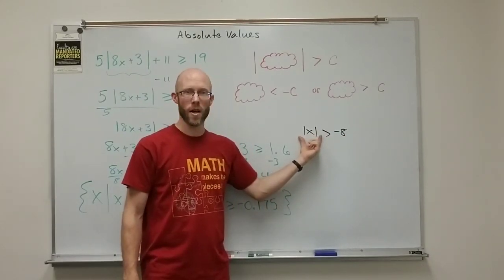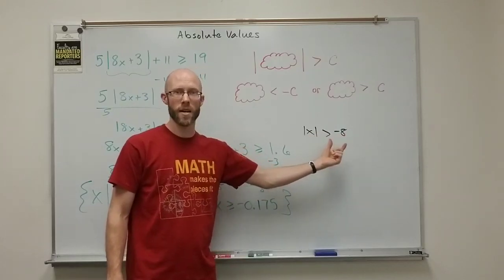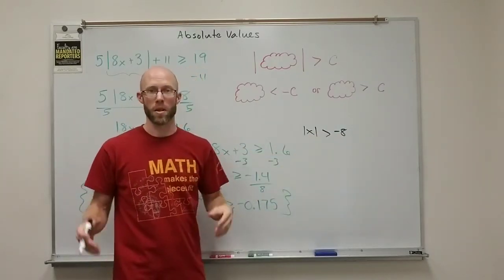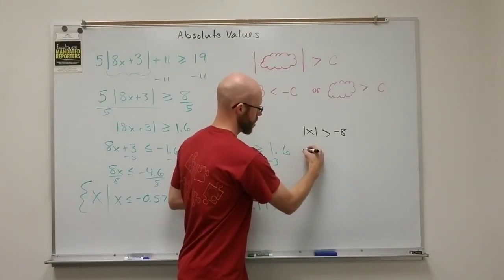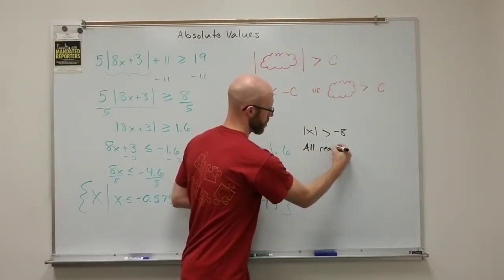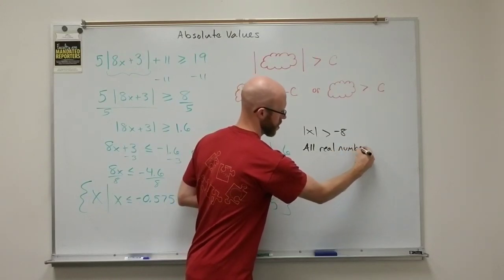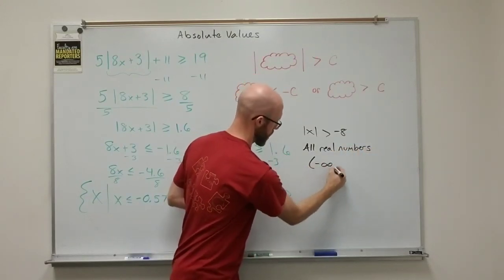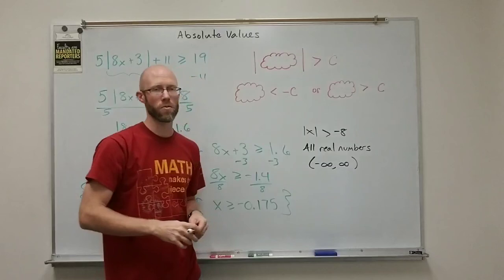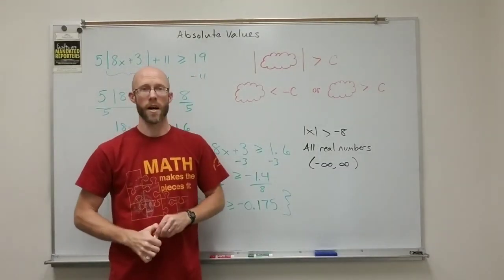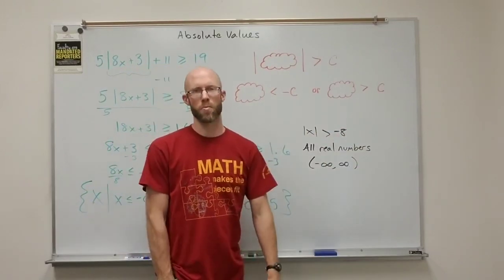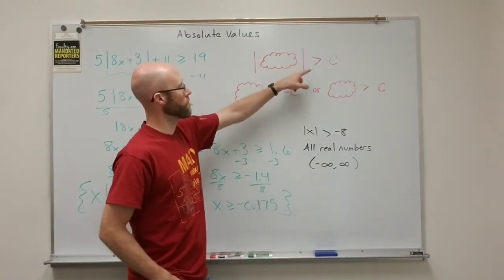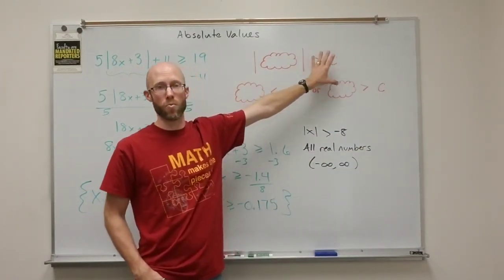So if you have a negative on the other side with a greater than, this is all real numbers as solutions. So you'd have a solution set or interval from negative infinity to infinity on those. Okay, so that's kind of a weird exception. You must have a positive number over here for this rule to work.